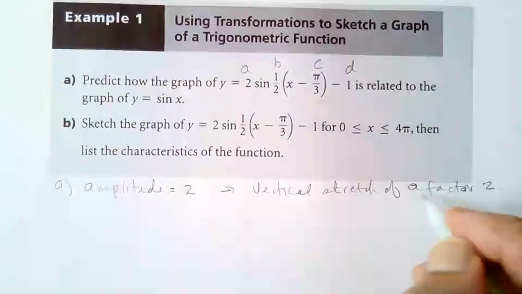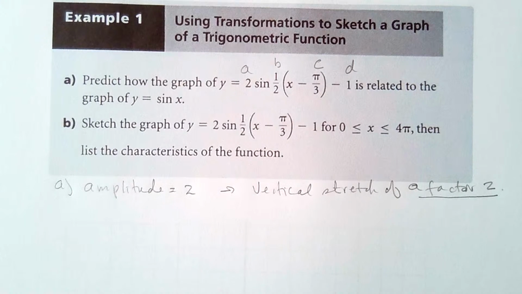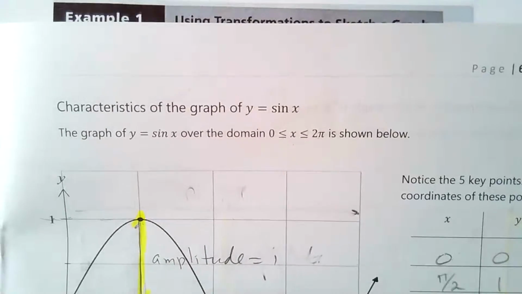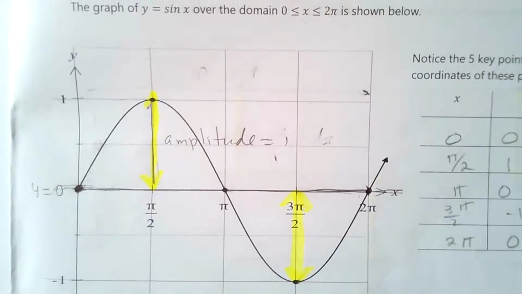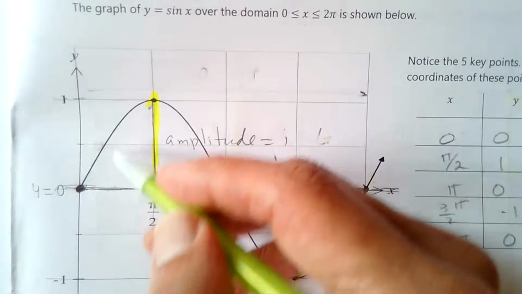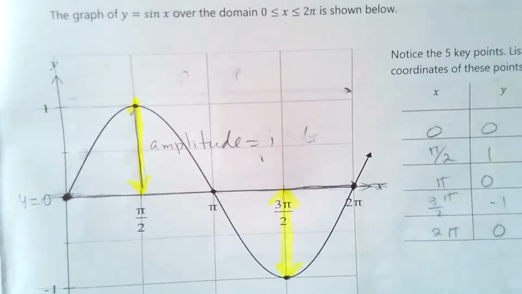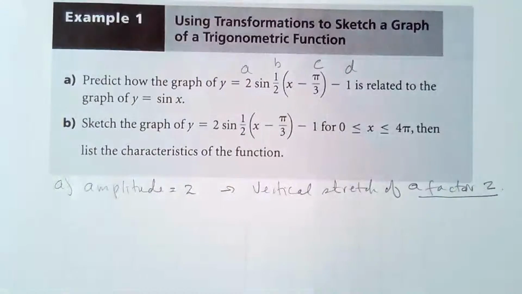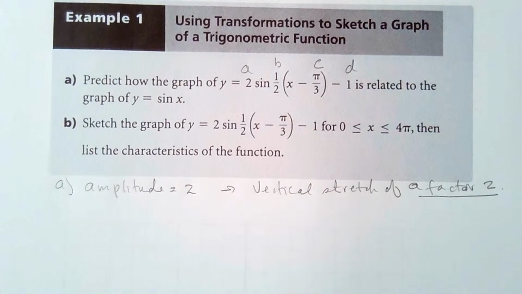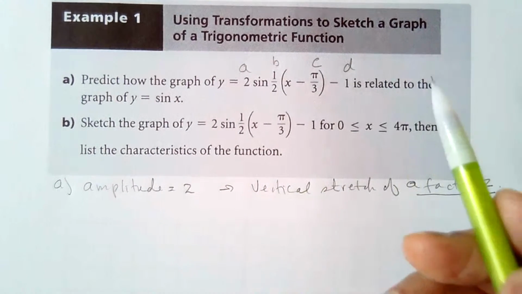In other words, if you were to look at the standard graph of sine, this graph goes up 2 units. So it goes up to positive 2. In a moment, we'll graph this function.